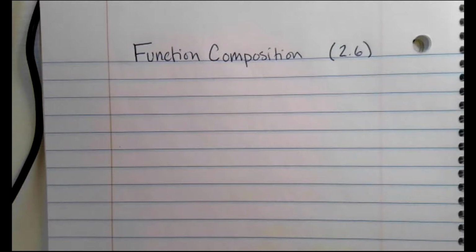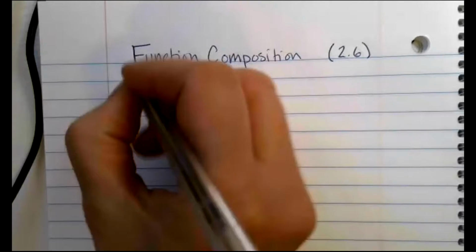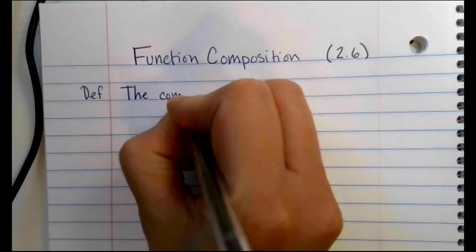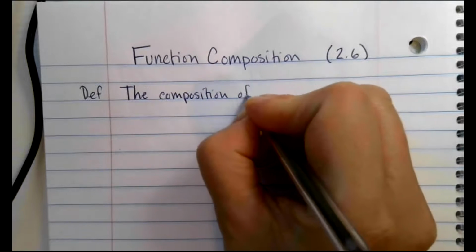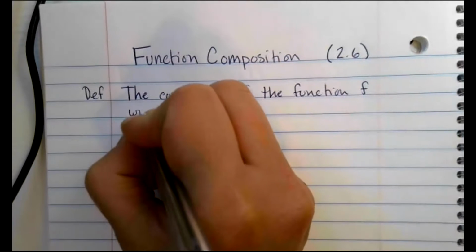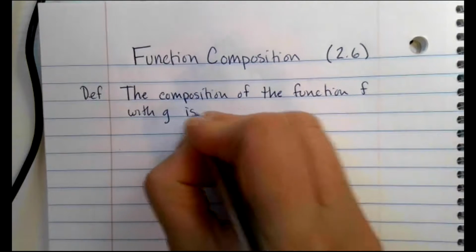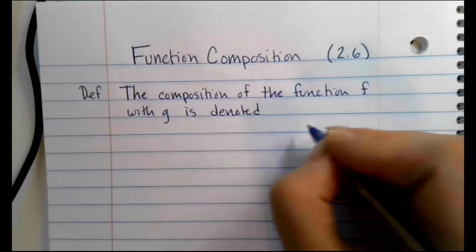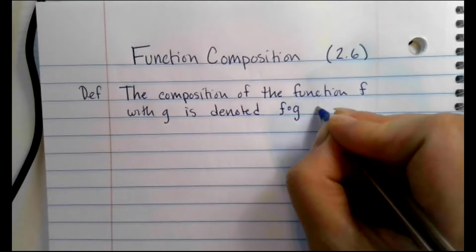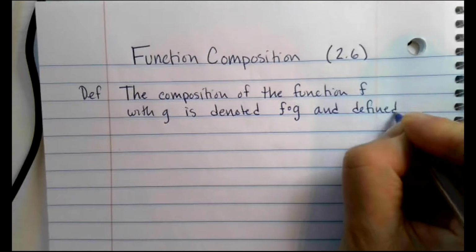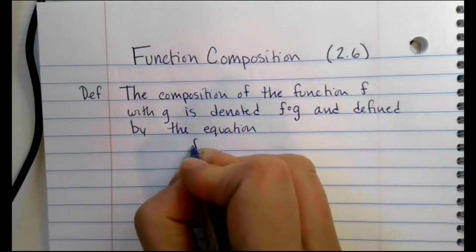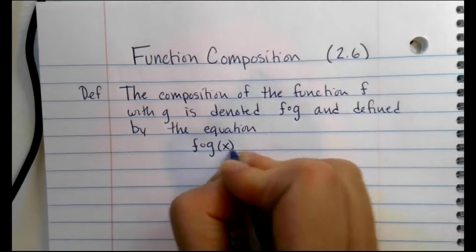So the definition, which you can find on page 294, section 2.6 in your book: the composition of functions f and g is denoted by, so we write this as a new symbol, f, and then a little circle, g, and is defined as f circle g, or f composed with g, of x.